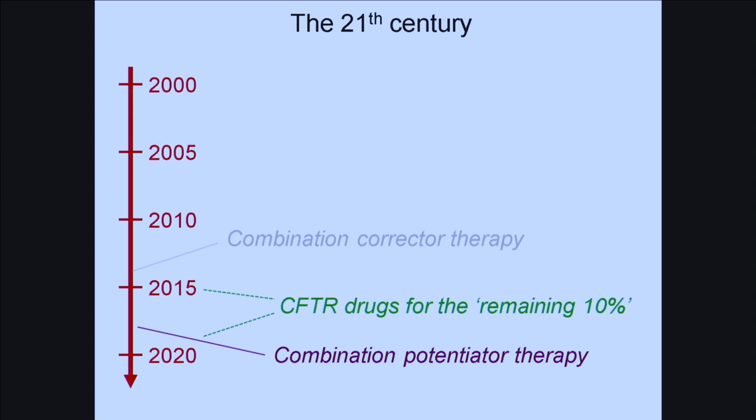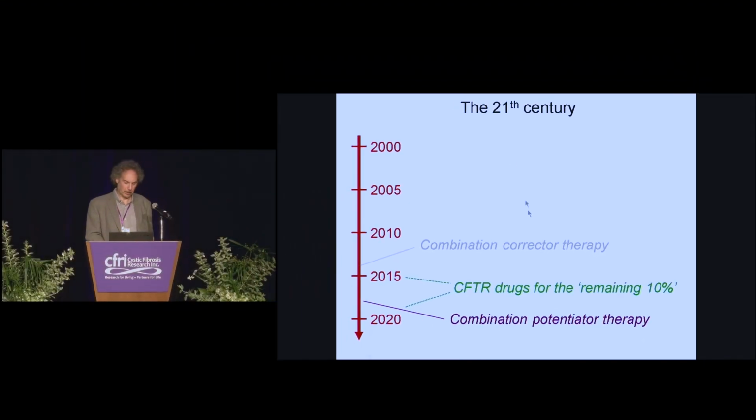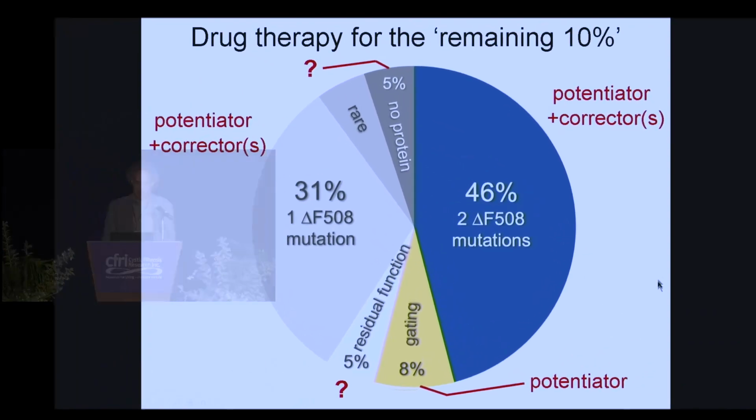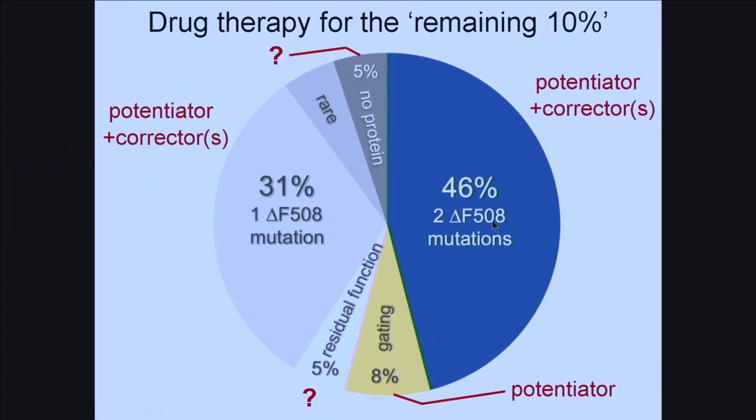So going on with the 21st century, after working out combination corrector therapy, we became interested in drugs for the remaining 10% of CF patients. And what do I mean by this? So the vast majority of patients are either homozygous or have one allele with the delta F508 mutation.